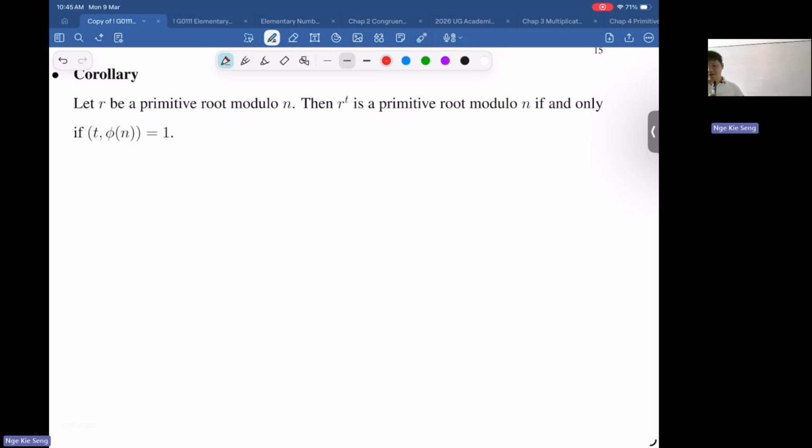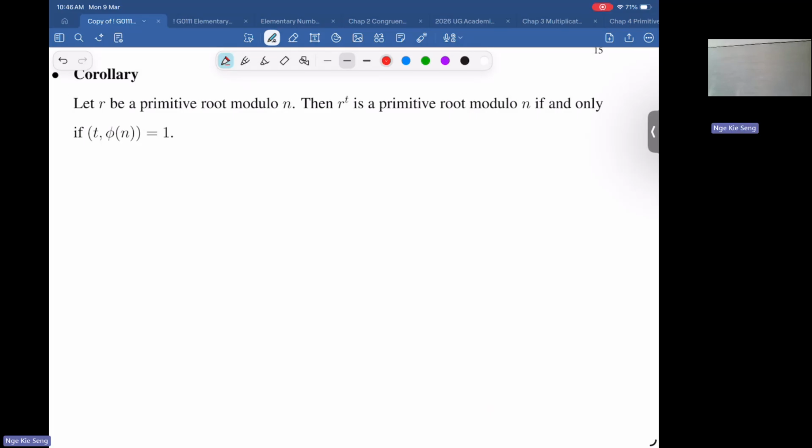Okay, so if you have a primitive root here, what are the other primitive roots? You can see that r to the t is a primitive root mod n if and only if the GCD between t and phi(n) is 1. Why is this true? Because you remember we can get the reduced residue system from the powers of r.